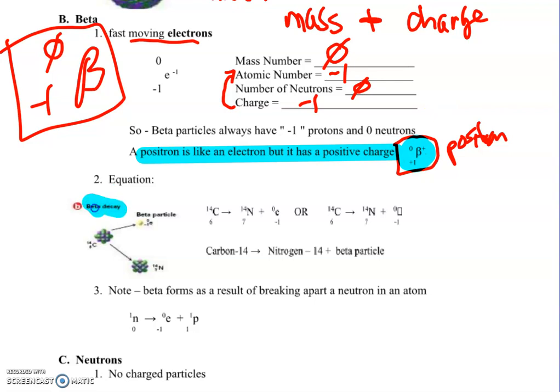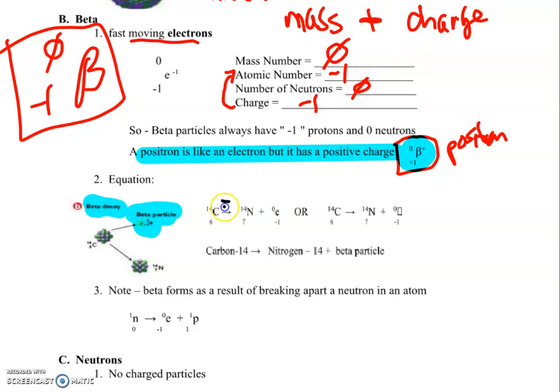So here's an example of beta decay. If you have radioactive carbon-14, it's unstable, and it spits out a beta particle, which you can see right here. It's an electron, and it leaves over a mass of 14, a charge of 7, and it becomes nitrogen. So like I taught you a little bit earlier, nuclear reactions conserve mass and charge. Let's see if that's true for our other example.